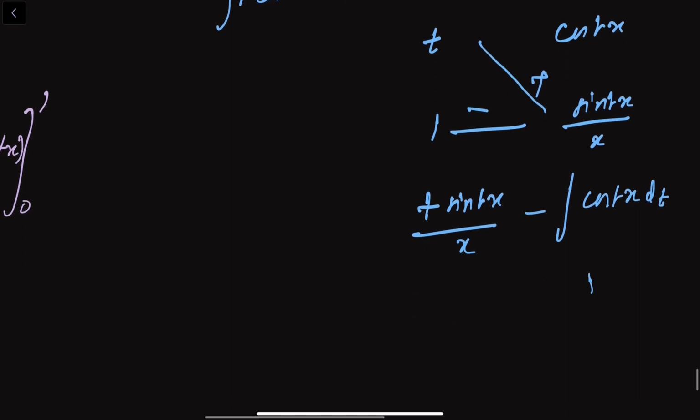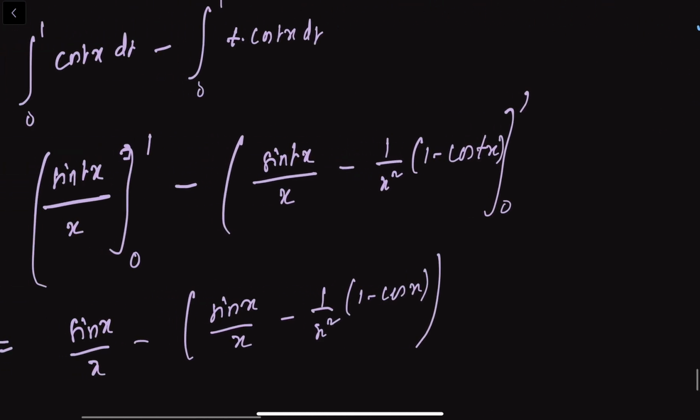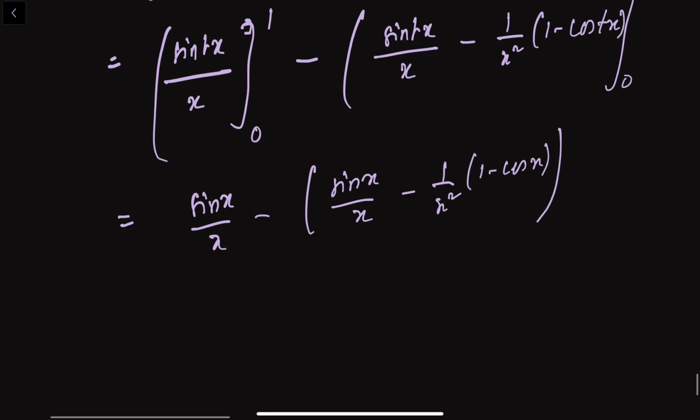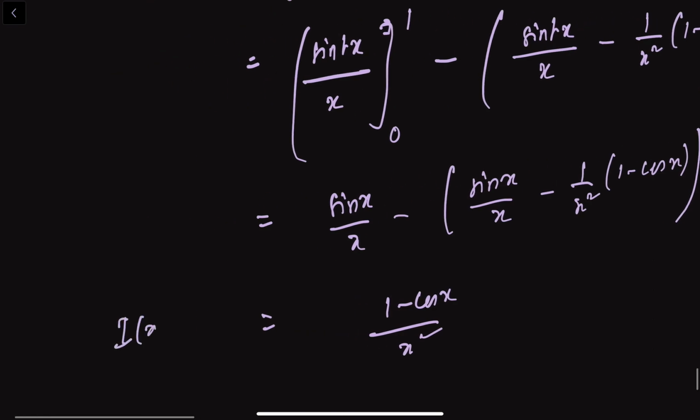That will get transformed into t sin tx by x minus the integral, which we can write in the form of 1 minus cos tx by x square. If I simplify this, this will become 1 minus cos x by x square. So that is our I of x.